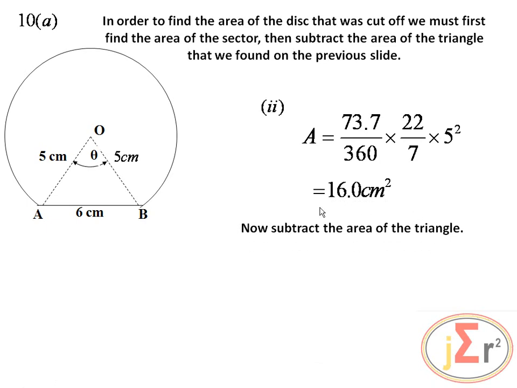Now, from this area, we will subtract the area of the triangle, and the result will be the area of the disk that was cut off. And it is required to be written to three significant figures. We have included 2 decimal places in order to make certain of that.